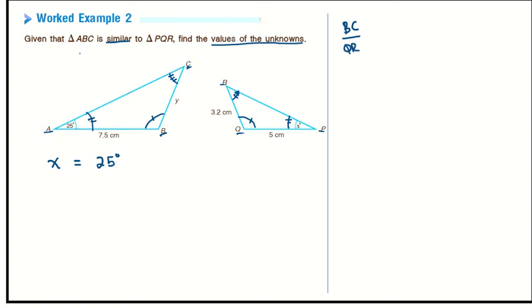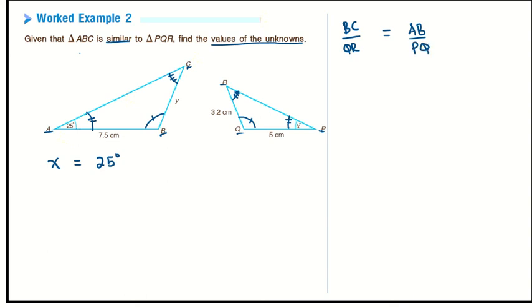Okay? And then remember the ratios of corresponding sides are equal. So we say that BC out of QR is equal to AB. Remember AB corresponds with PQ.